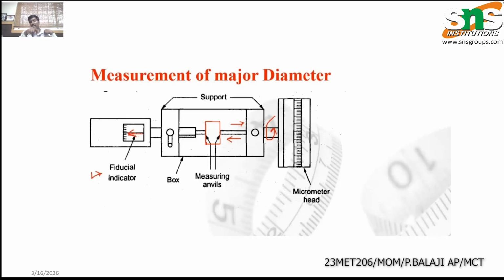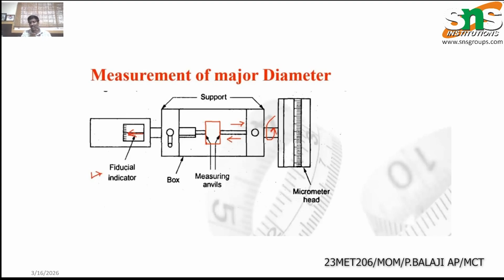You can see on the screen there is one arrow mark, and we have to note the arrow mark for every thread measurement. We measure the major diameter by taking the micrometer head reading, for every thread.